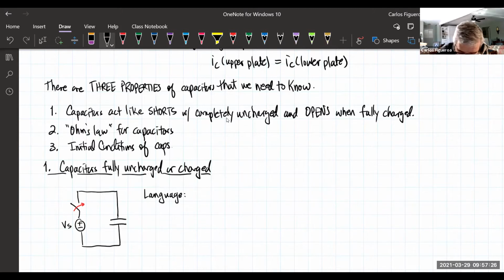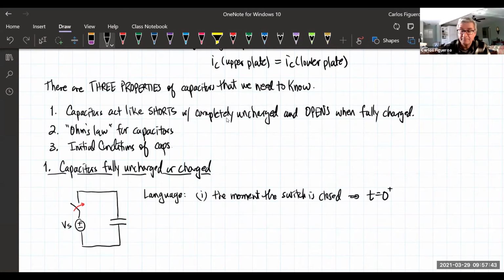The moment the switch is closed, we call that t equals 0 plus. And at t equals 0 plus, charge is going to start to flow.